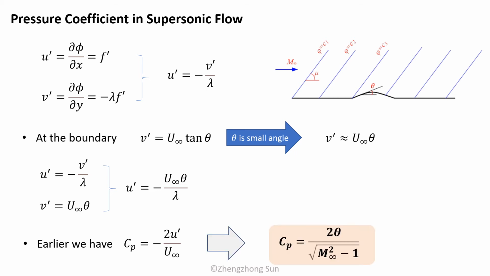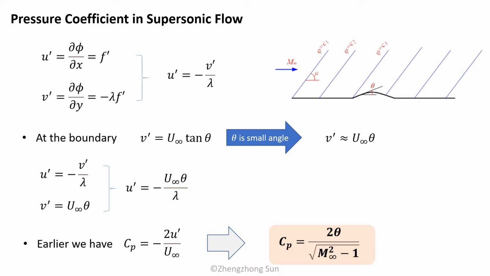By plugging in u prime, we find Cp equals twice theta divided by the square root of M infinity squared minus 1. This is the pressure coefficient in a supersonic flow at the surface. You see the derivation is much quicker than in a subsonic flow. Now let's see how we can make use of this.